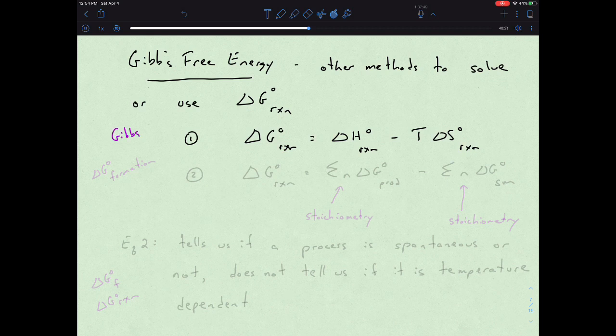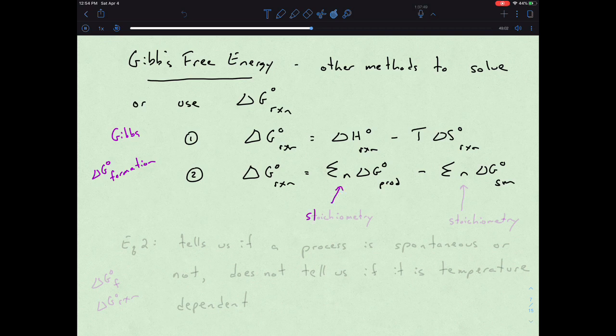But there are alternatives as well. We could also use delta G's of formation. And we can then also get a sense of the delta G of reaction using an equation that's very similar to our enthalpies and our entropies, by just looking at a difference in the delta G's of formation of our starting materials and our products.